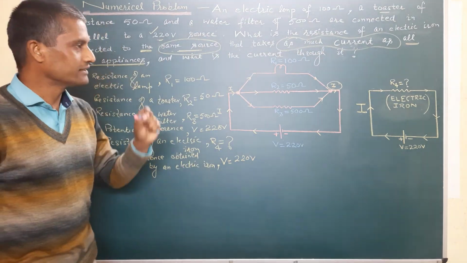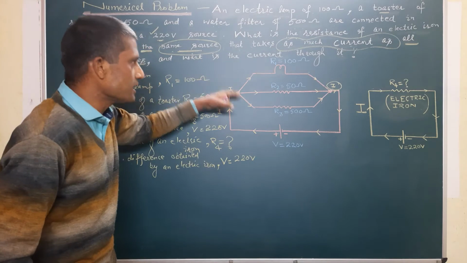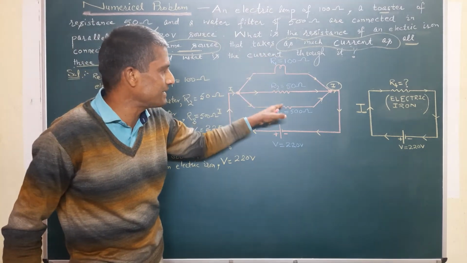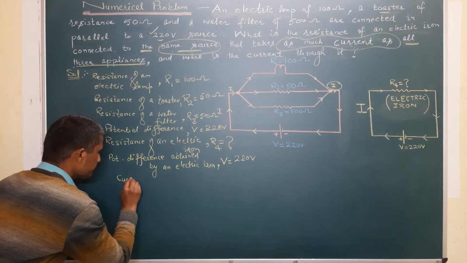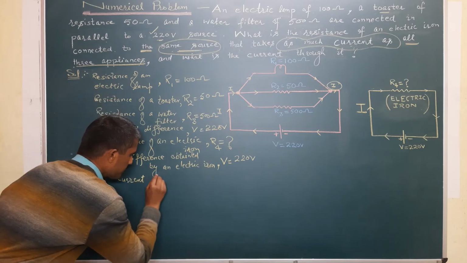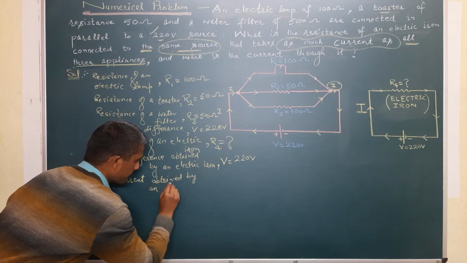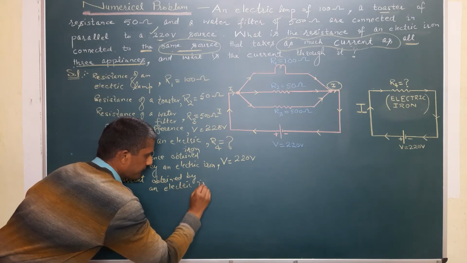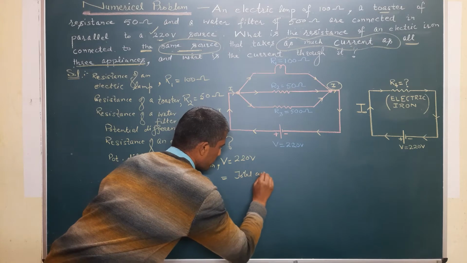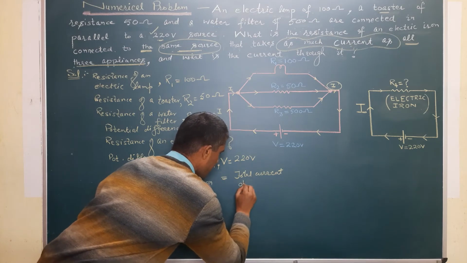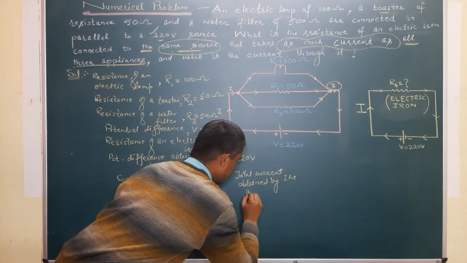But does this mean that the electric iron will get the same current as the current received by these three appliances together? So here we will write that the current obtained by an electric iron is equal to the total current obtained by the three appliances together.